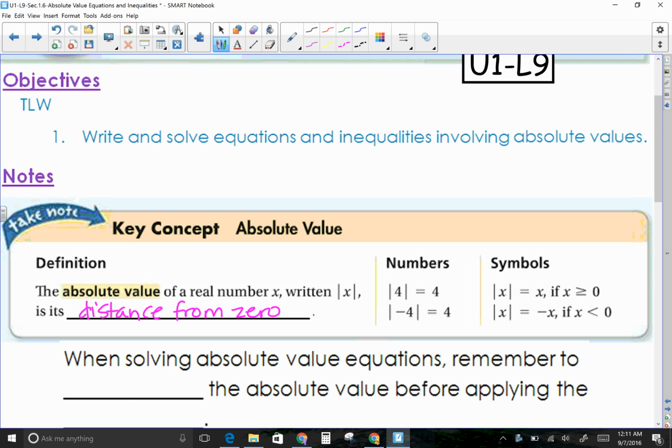But another way that I want you to be familiar with it is: the absolute value of x is equal to a, and the only way to get rid of these absolute value signs is to, what I say, apply the definition, and that means that x equals a or x equals the opposite of a. Okay, this is another way of giving you the definition that's down here.